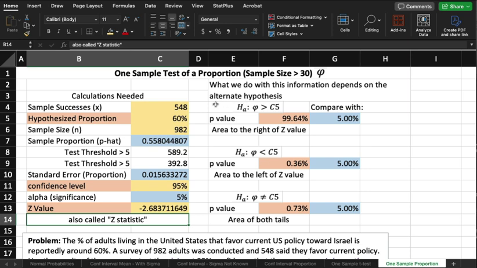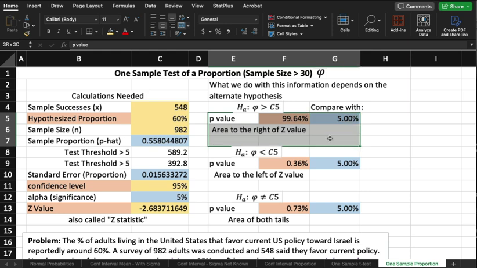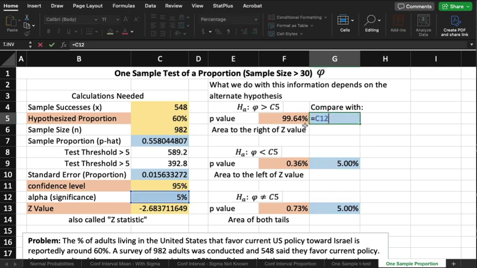So over here on the right in columns E, F, and G, we have our p-value calculations, and then our significance levels are copied over. So let's start with column G because that's the simplest. Just type equals C12 into all three rows. Depending on what our alternate hypothesis is, we're either going to want to look at row 5, row 9, or row 13.